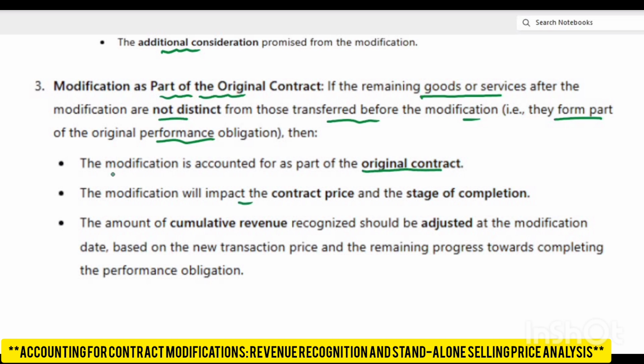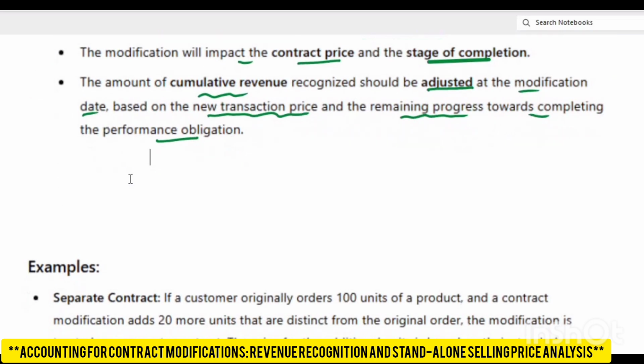The modification will impact the contract price and the stage of completion, and the cumulative revenue recognized should be adjusted at the modification date based on the new transaction price and the remaining progress toward completing the performance obligation. Clear?